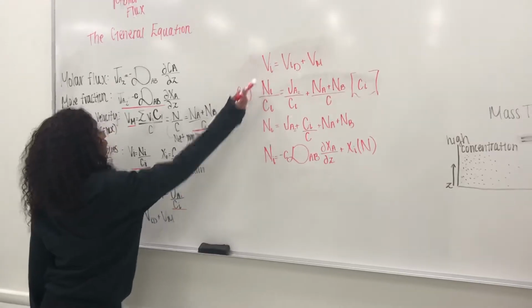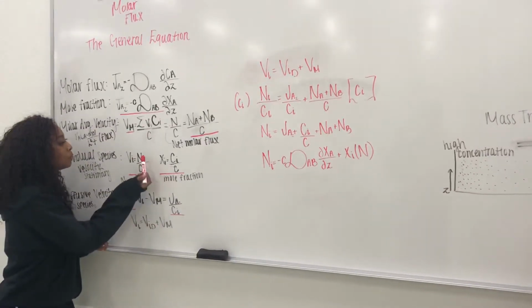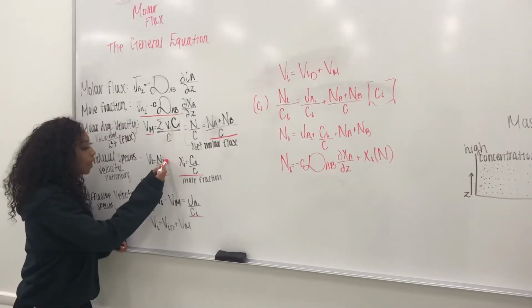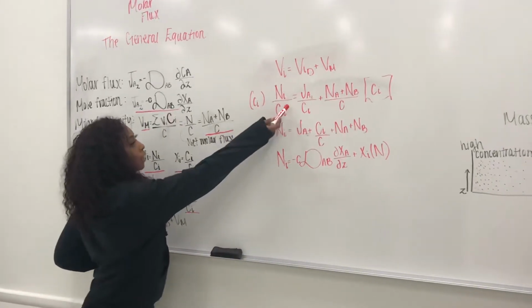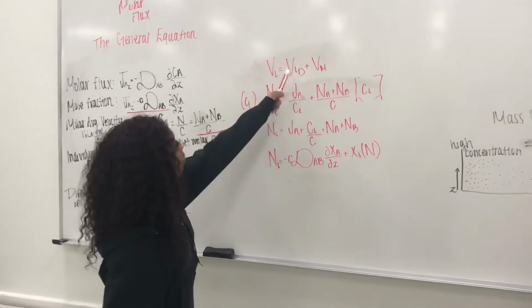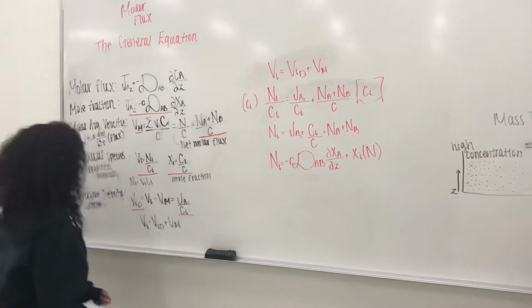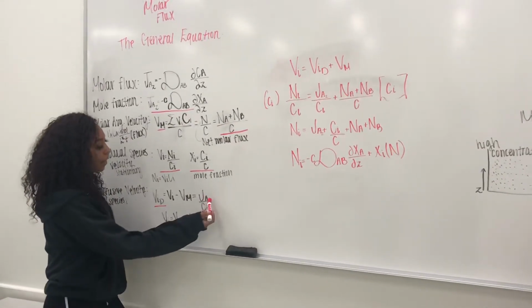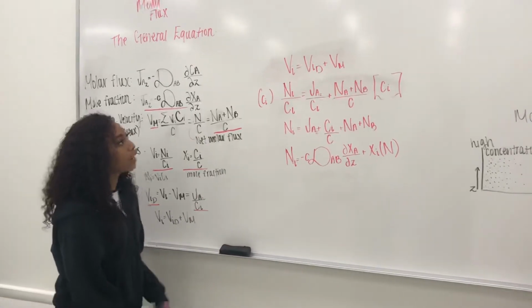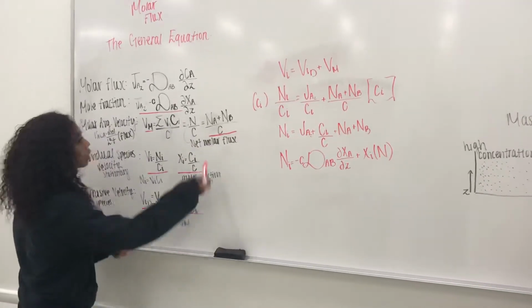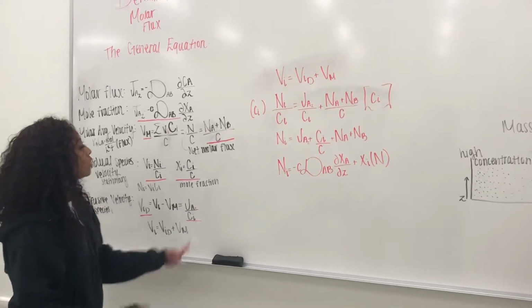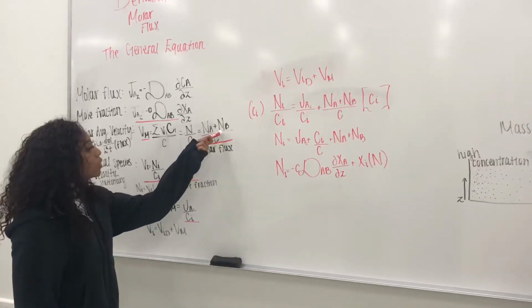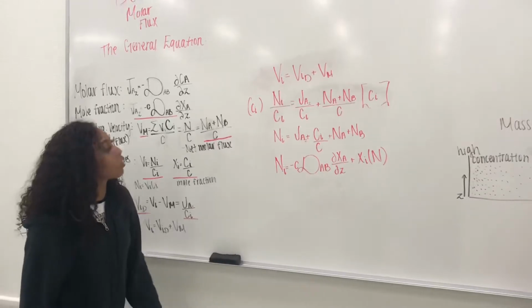For Vi, you have the molar flux of I over the concentration of I, and you plug that in. For VID, you go right here, and you have the flux J_AZ over the concentration of I, and then Vm, you can get it from right here, which is the molar flux of A plus the molar flux of B over the total concentration.